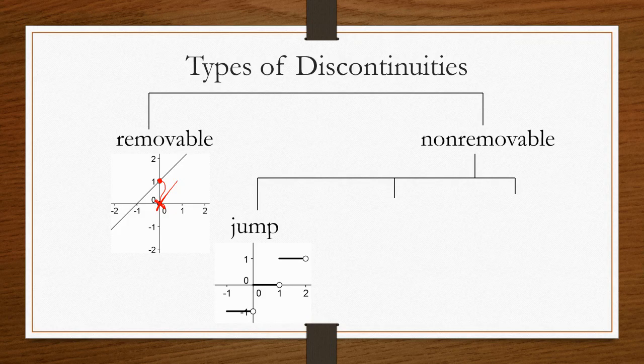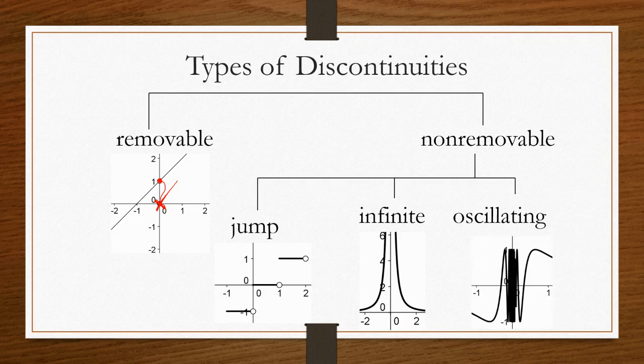An infinite discontinuity is one where you have a vertical asymptote, either where both ends are pointing up in the same direction or down in the same direction, or one end is pointing up and one is pointing down, or maybe just one is pointing up and the other one has a value. The last one is oscillating discontinuity, where your function is going back and forth so fast that you can't evaluate it.